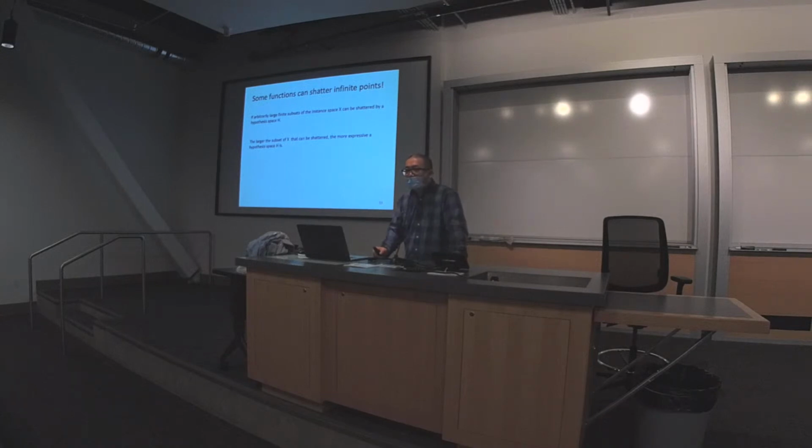It's just saying you can give an arbitrary number of finite points, and your hypothesis space can shatter them. Intuitively, the larger the subset of instance space that can be shattered, the more expressive the hypothesis space H is.